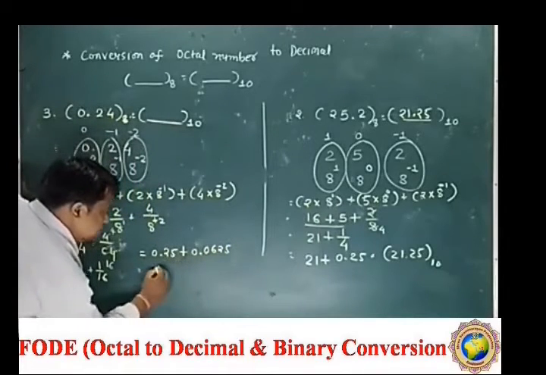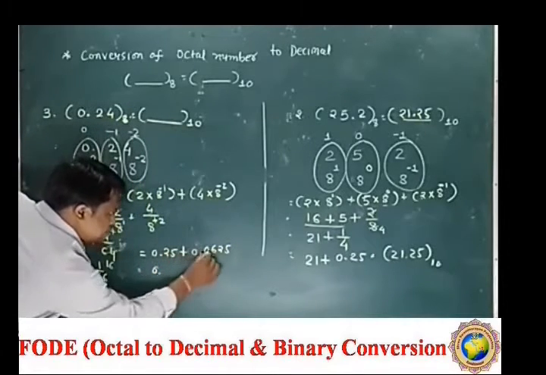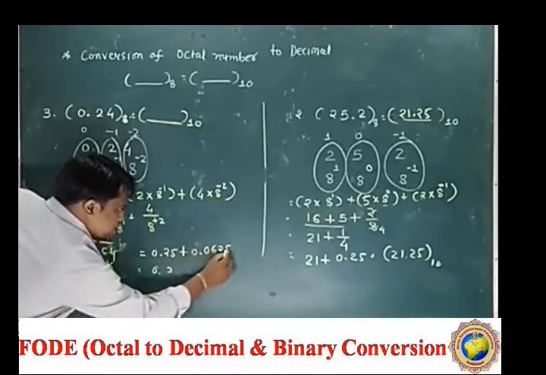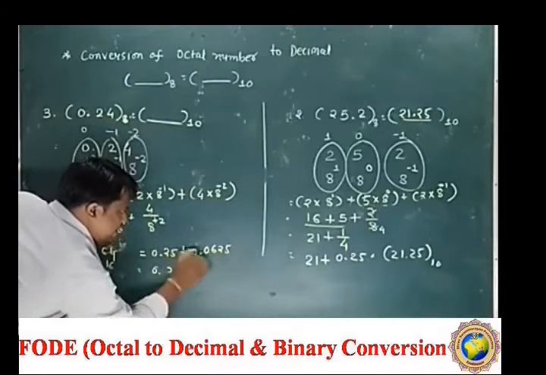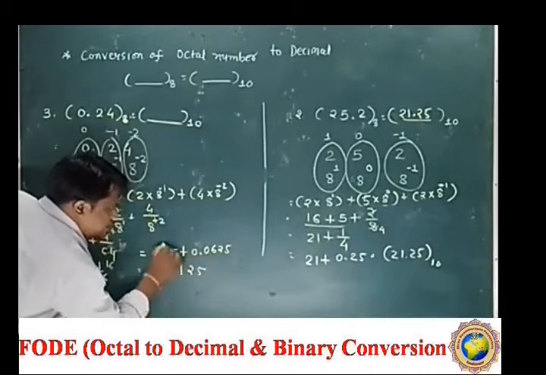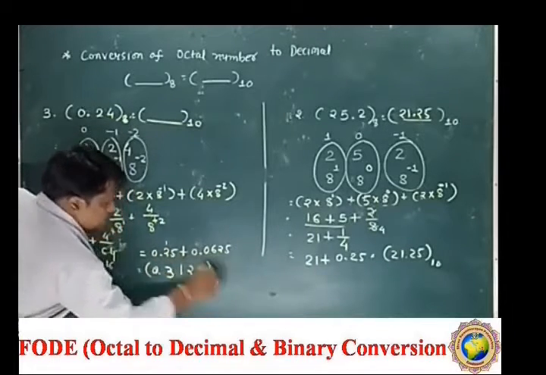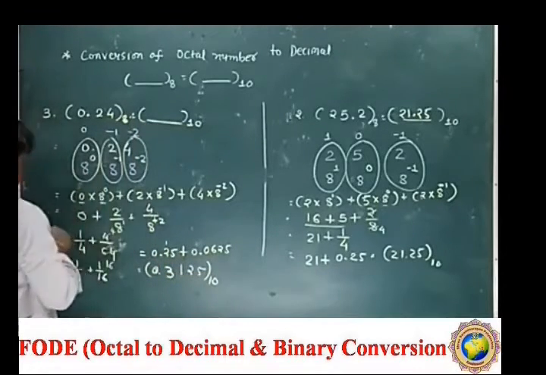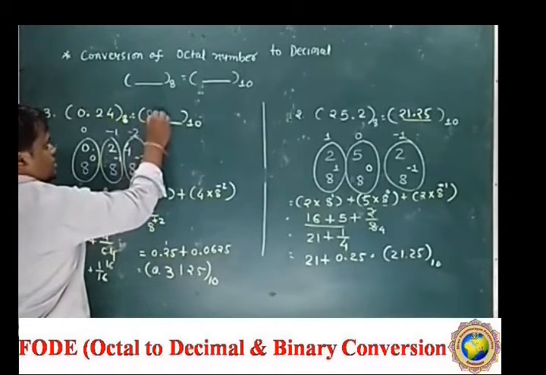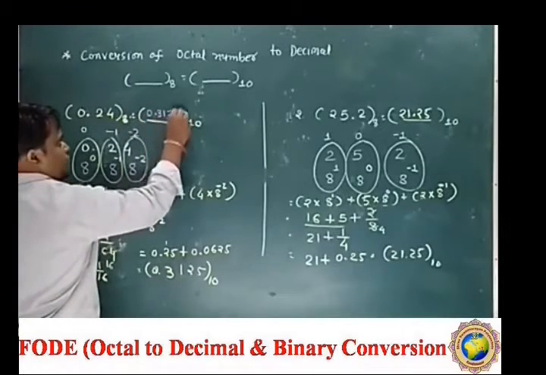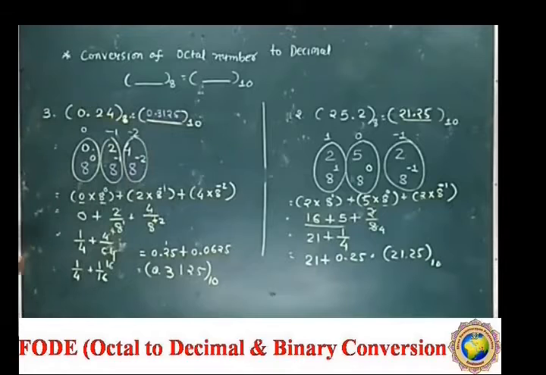So our answer is 0.25 plus 0.0625. 5 plus 5 is 0, and so on, which gives 0.3125. So this is our answer: 0.3125. In this way we can convert the given octal number to decimal.